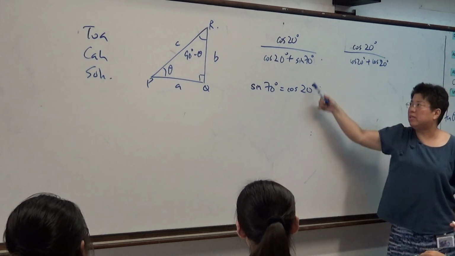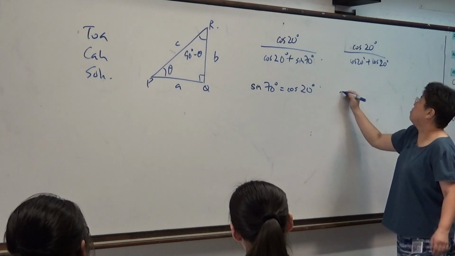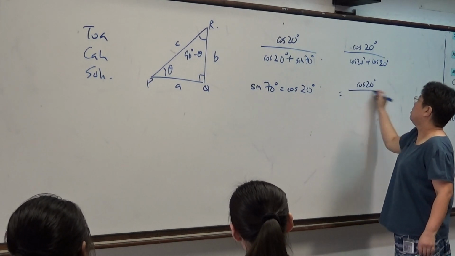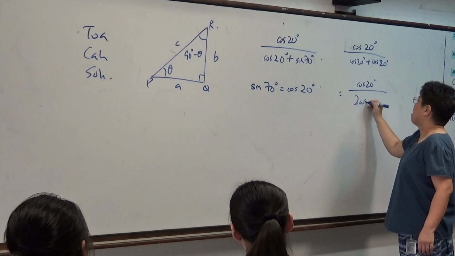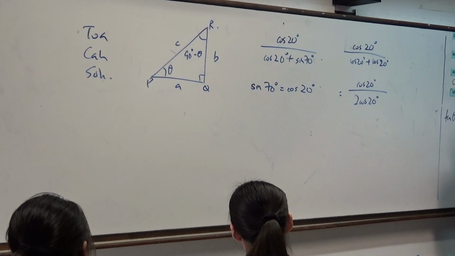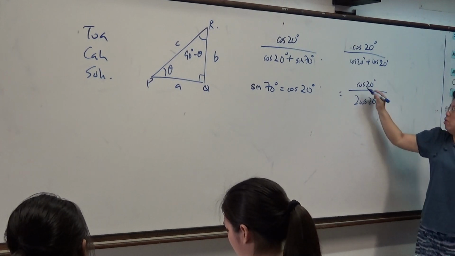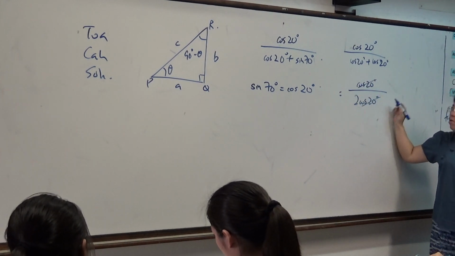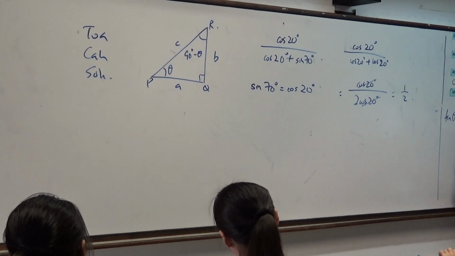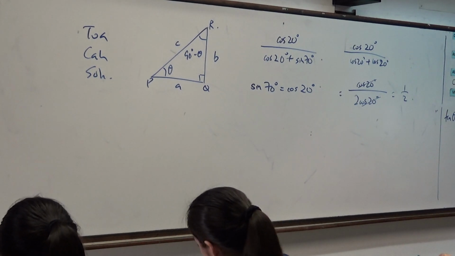Because I'll replace sine 70 by cosine 20, am I right? So this one become what? Cosine 20 over what? 2 cosine 20, right? Why not? Because this is like cosine 20 got 2 times. So do you agree cosine 20 can cancel off? So it's what? Half. It's just half. Everybody okay?